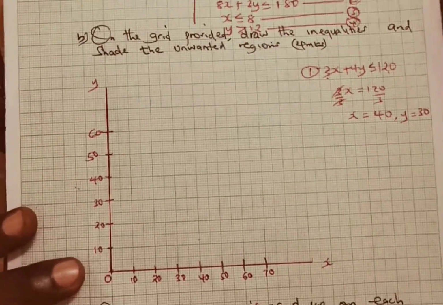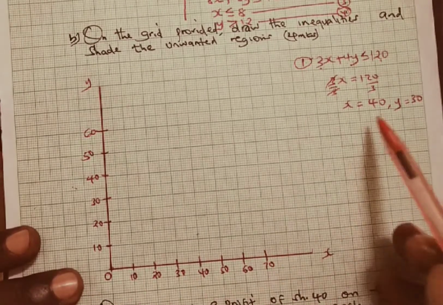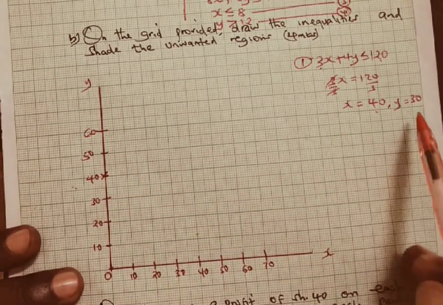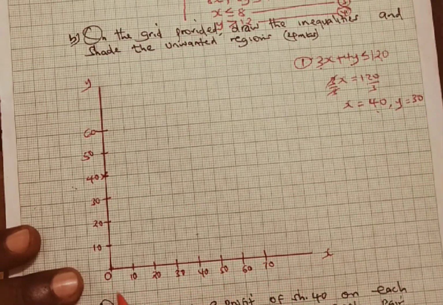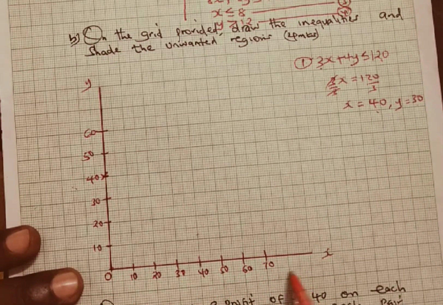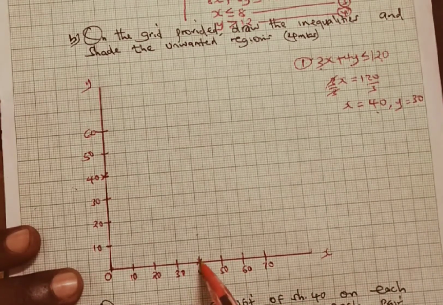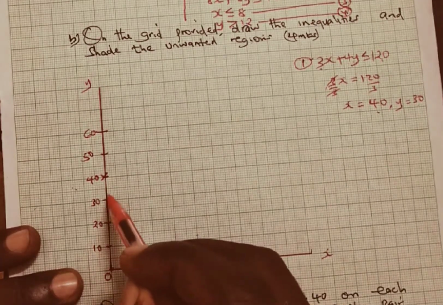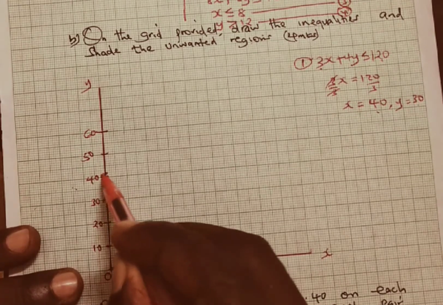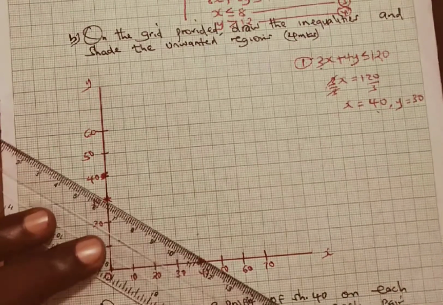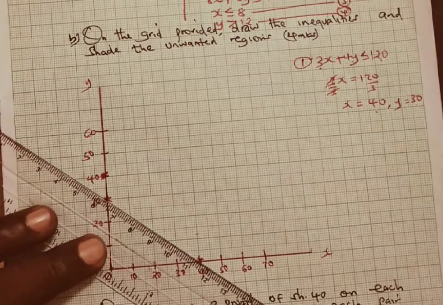We have x is 40 at this point, and our y is 30. So we can draw this. Just come and draw this line here.